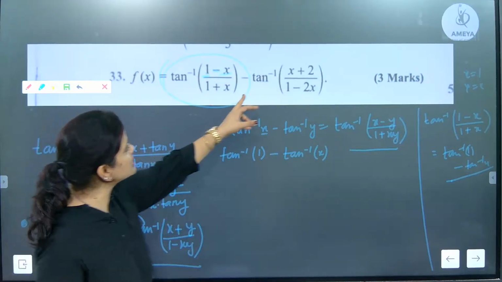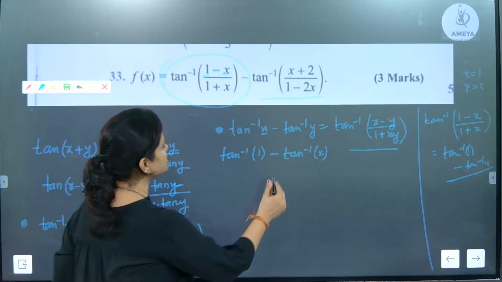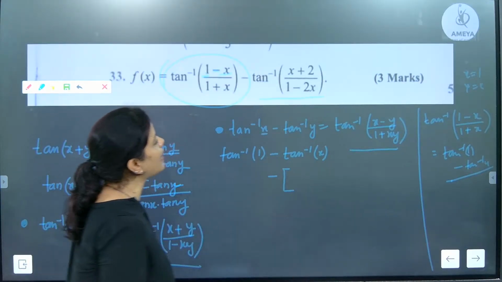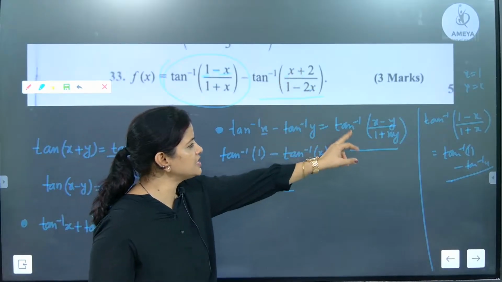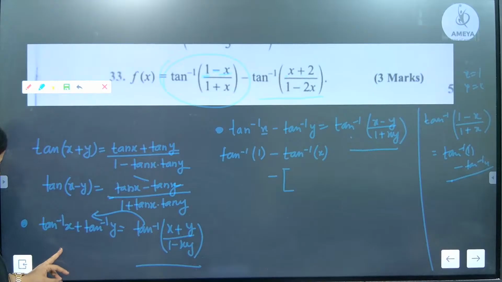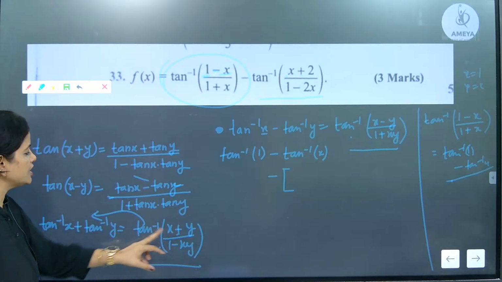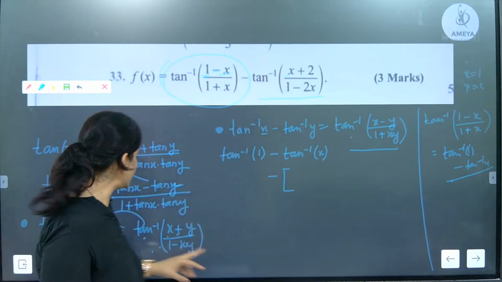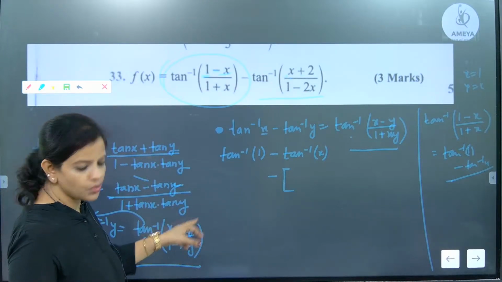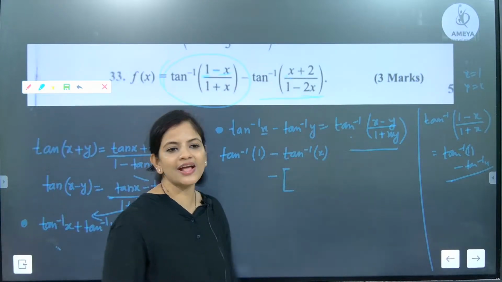Now go for the second section. In the second section what is given? I'm keeping a bracket. Here x plus y. So in which of the formulas is plus there, first one or second one? This one has plus. tan⁻¹ of (x + y). Instead of x, what is there? x. Instead of y, what is there? 2. And you can see here nicely, 2x is written.